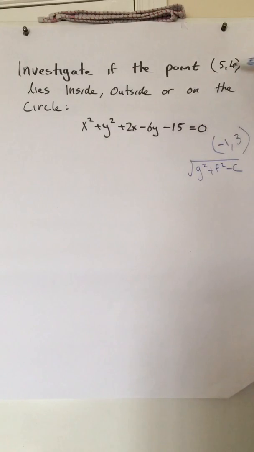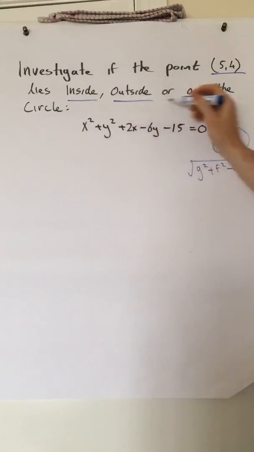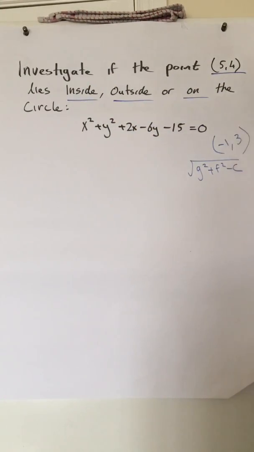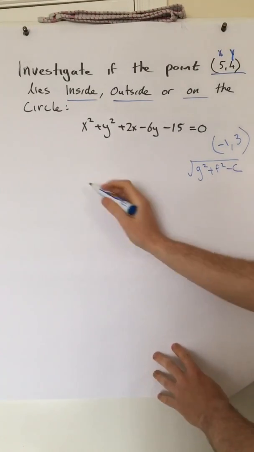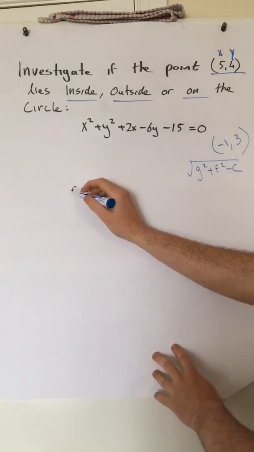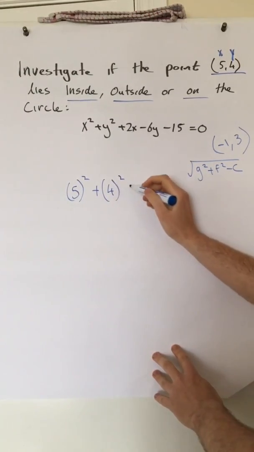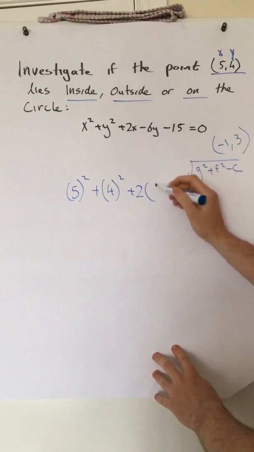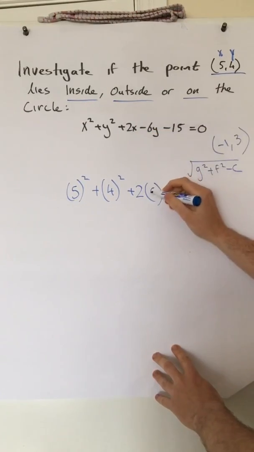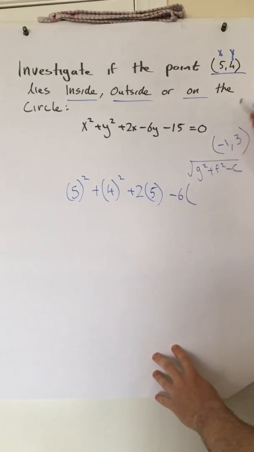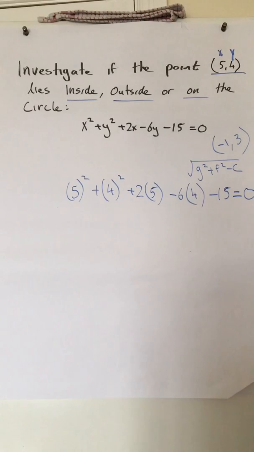Let's do this question. Let's investigate if that point is inside, outside, or on the circle. You do the exact same thing. That's my x value, that's my y value, so you just sub everything in. So it's going to be 5 squared plus 4 squared plus 2 multiplied by x, which is 5, minus 6 multiplied by y, which is 4, minus 15, and all of that is supposed to be equal to 0.